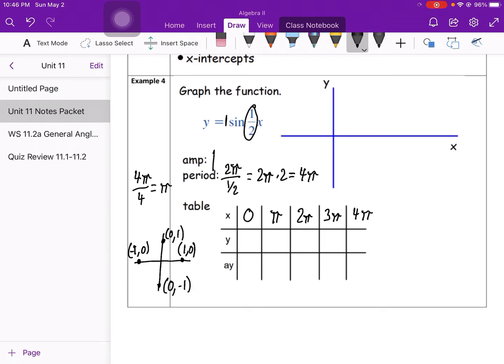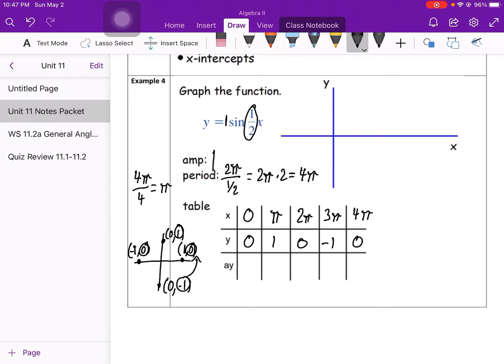So the y values starting over here, it's 0, +1, back to 0, -1, back to 0 once we get there. Okay, and since the a value is just 1, it's going to be the exact same, so we don't even really need to fill out that last column.